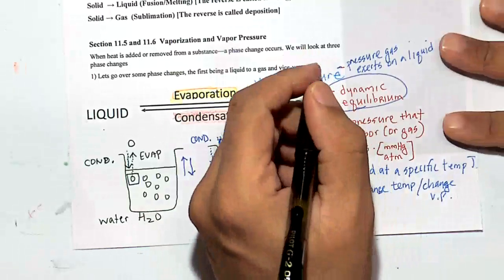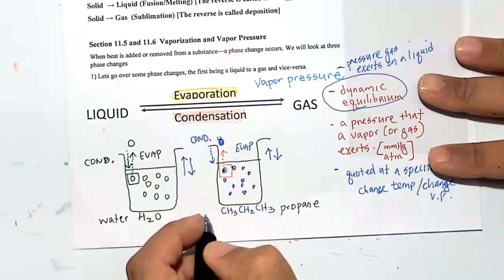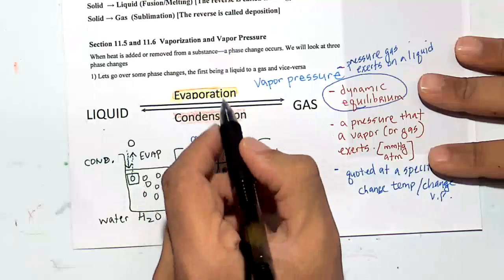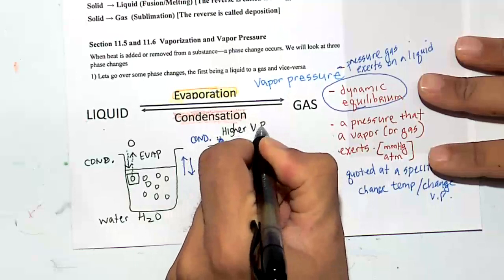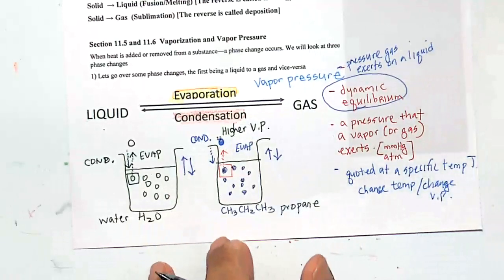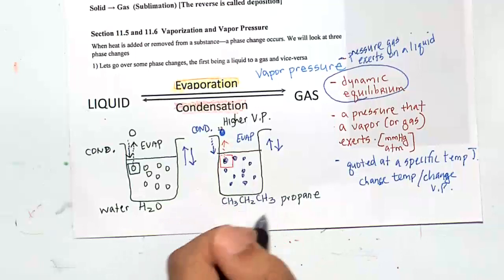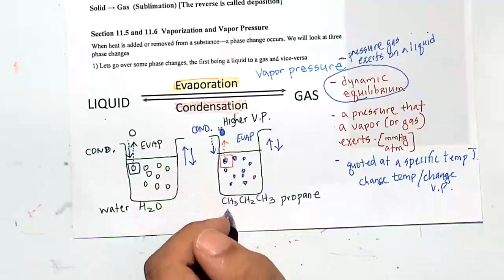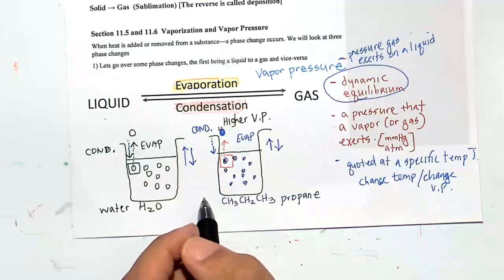What was your reasoning? Because it's propane, it's like CH3. Yeah, that's true, but what's the reasoning? You're right, but what is this held together by? Which one is held together by hydrogen bonds?